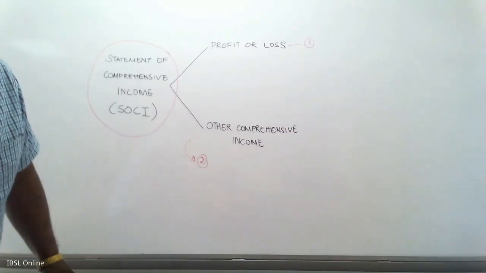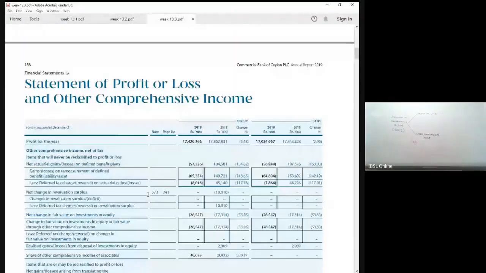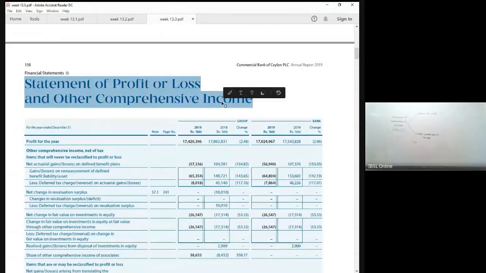What Commercial Bank has done is, you see, statement of profit or loss and other comprehensive income. Okay. There are certain companies, what do they do? The profit or loss is also known as income statement. Another name, just another name.